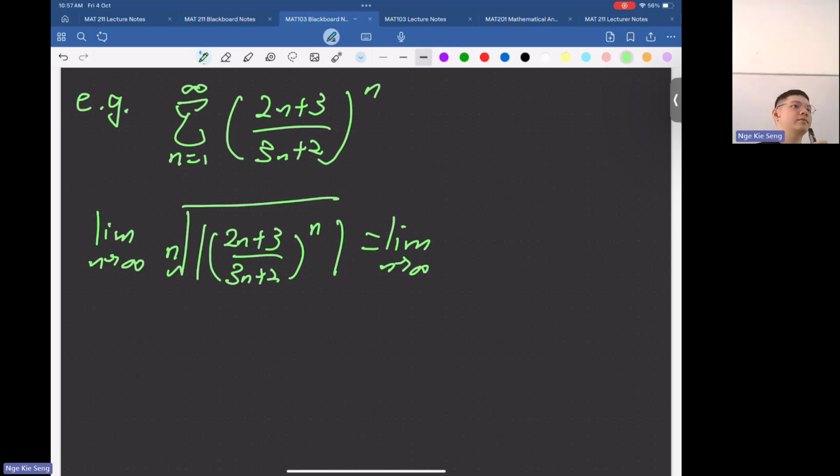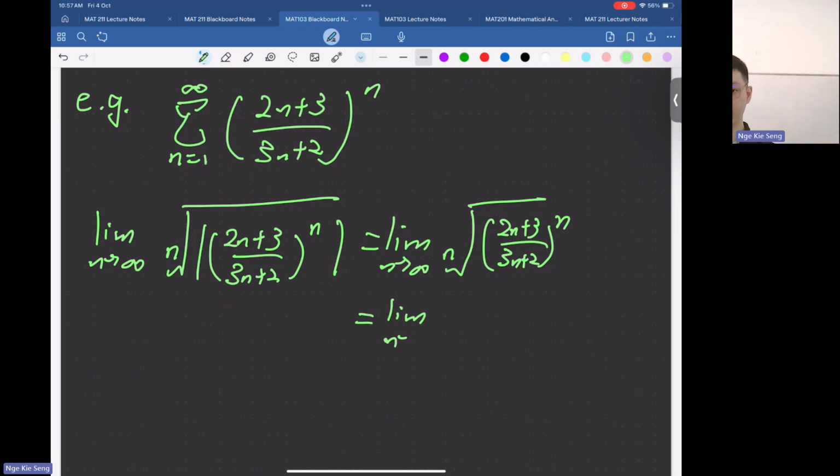How do you know you can remove it? Because inside it is always positive, right? Because our n is greater than 1. Whatever you do inside is positive. So you can simply remove the absolute value first. Otherwise, you cannot simply take the root away, because potentially you will meet a negative.